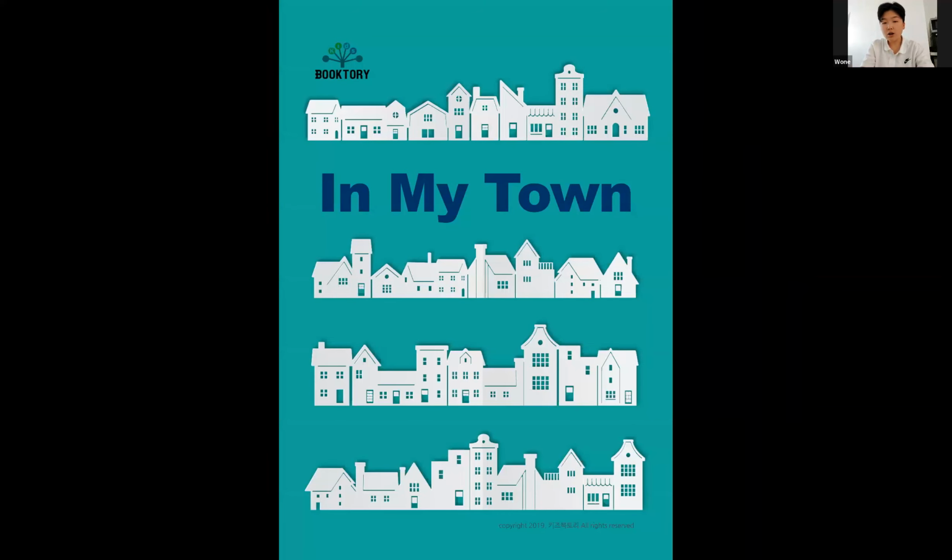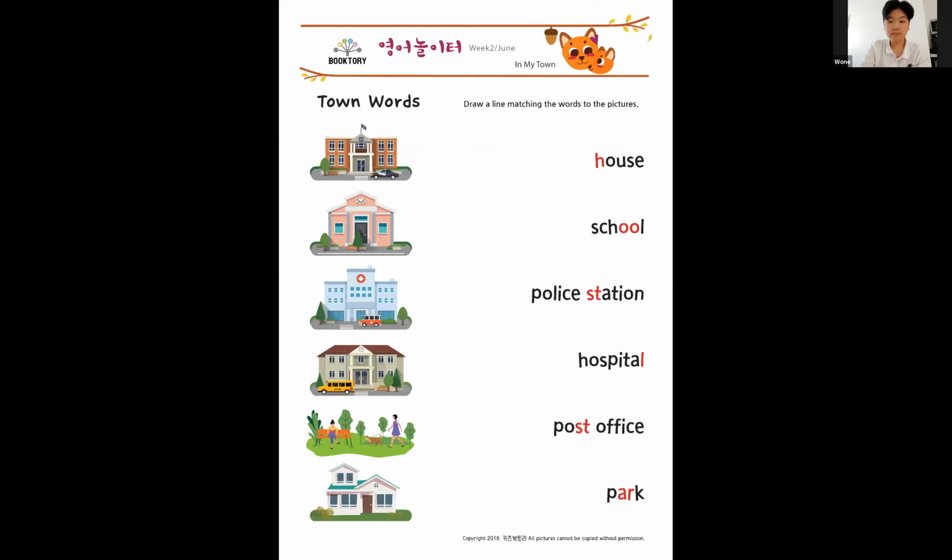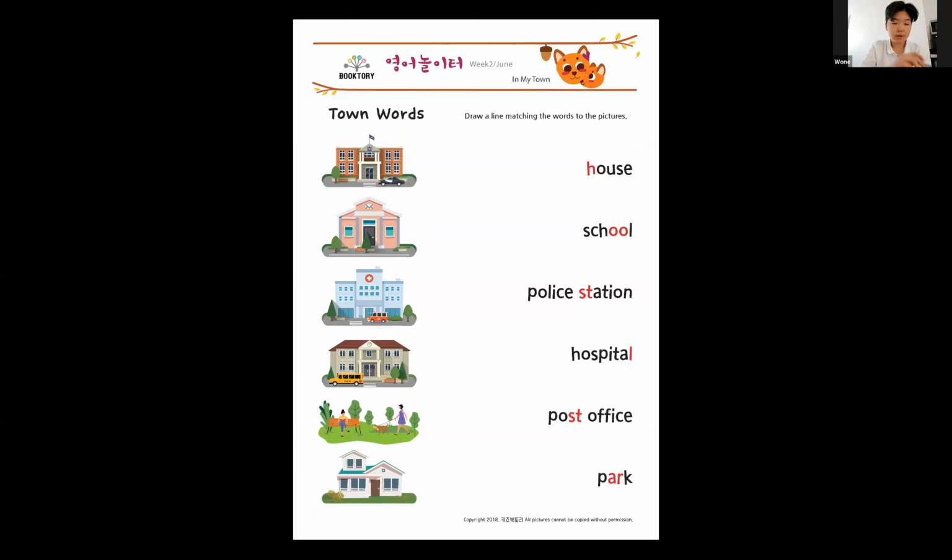All right, let's go on to our worksheet. Let's look at our town words. We're going to draw a line matching the words to the picture. So let me get my pen out.